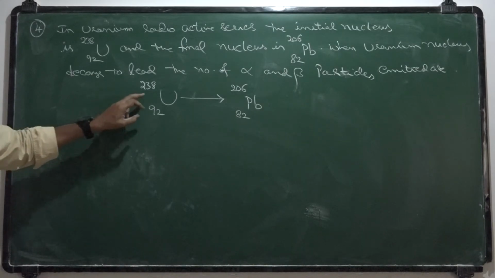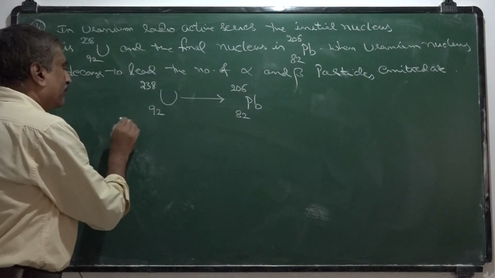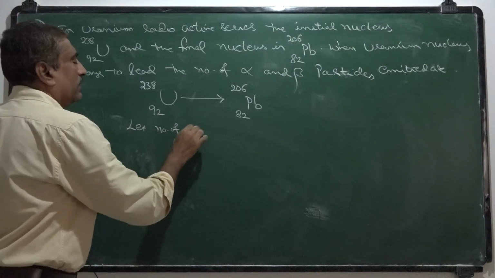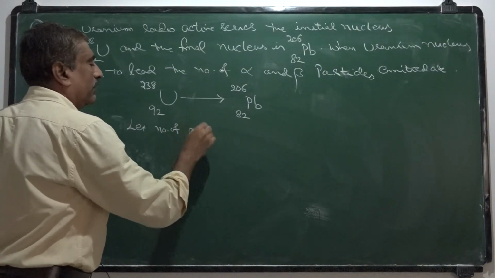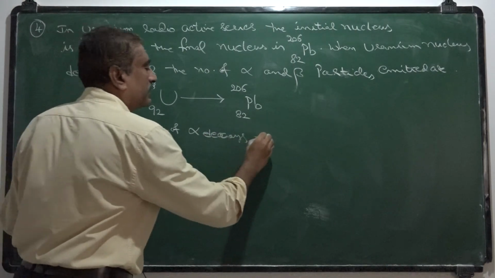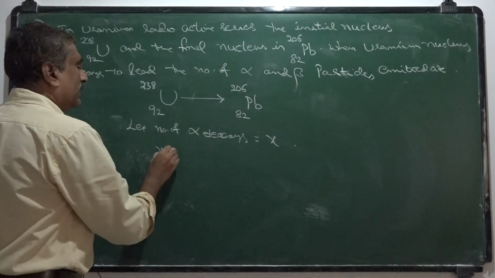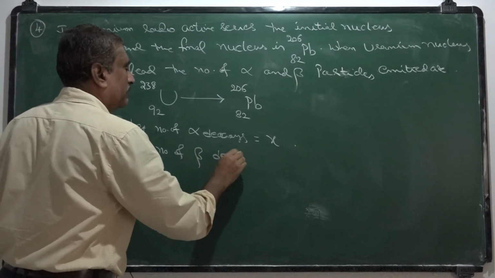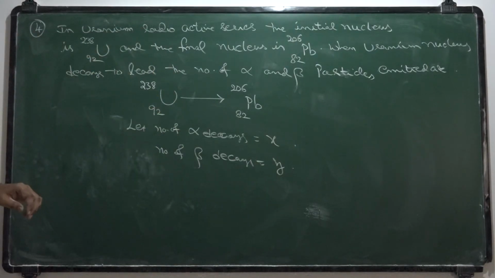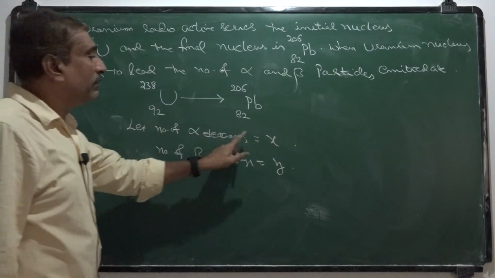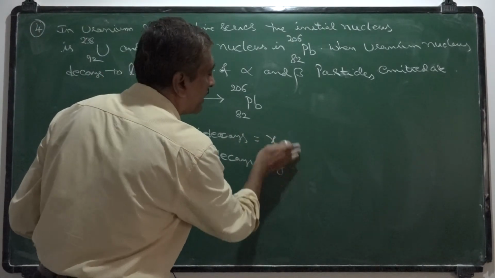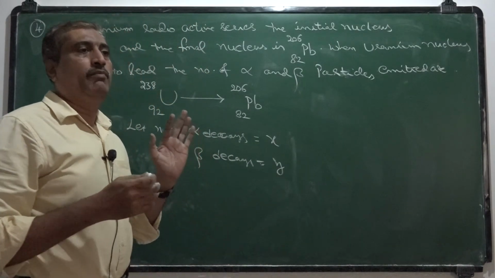Okay. Now assume that the number of alpha decays is equal to x, and similarly the number of beta decays is y.